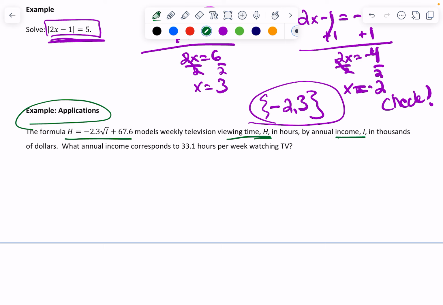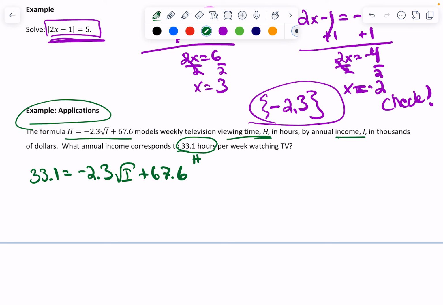What annual income corresponds to 33.1 hours per week watching TV? So this 33.1 is the H, and we're going to plug it in. 33.1 equals -2.3 square root of I plus 67.6.